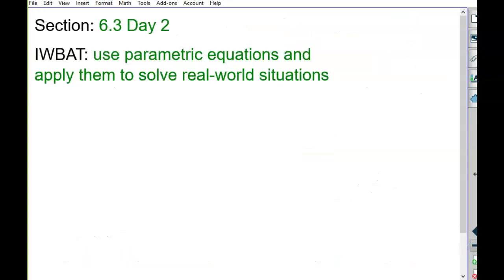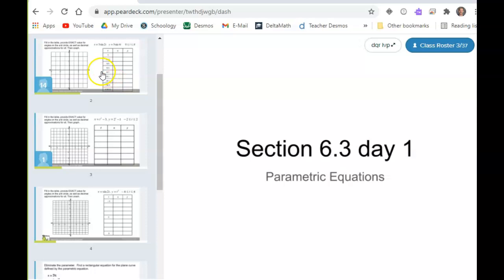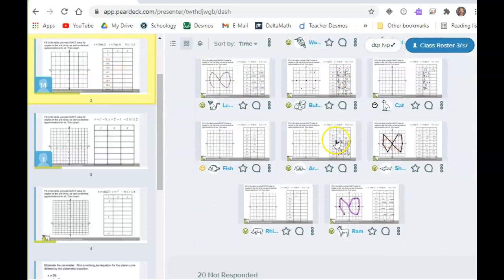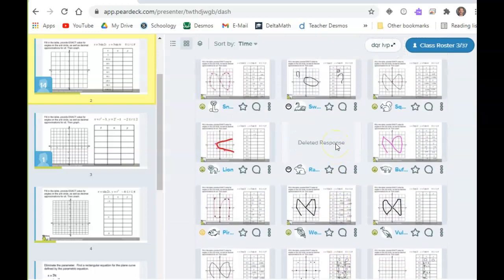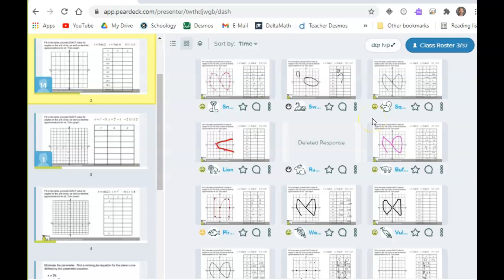Our goal today is to use that idea of parametric equations. That's what we looked at before. That's what you did with the pair deck, which, if you don't remember, some of you didn't do it. This was the expectation for last Thursday's homework. A handful of people tried it, but not everybody finished it all the way.